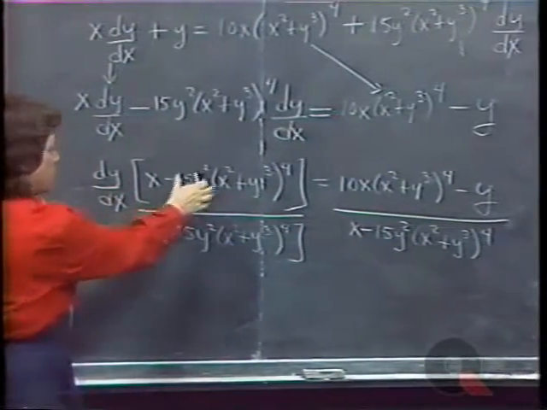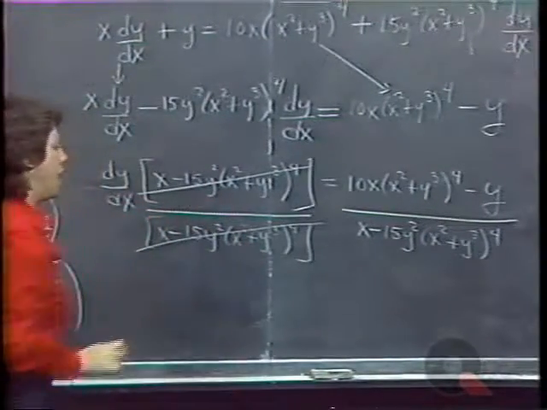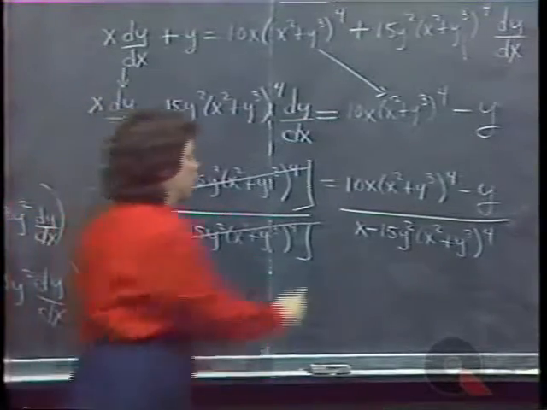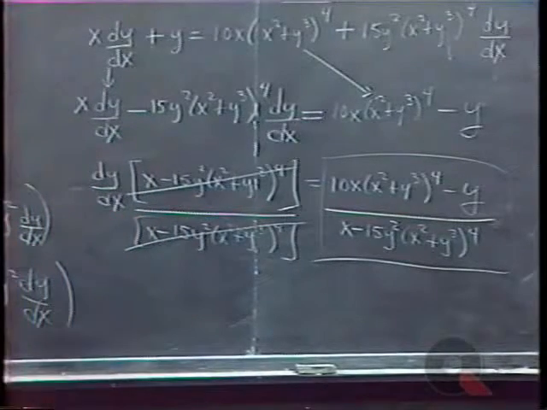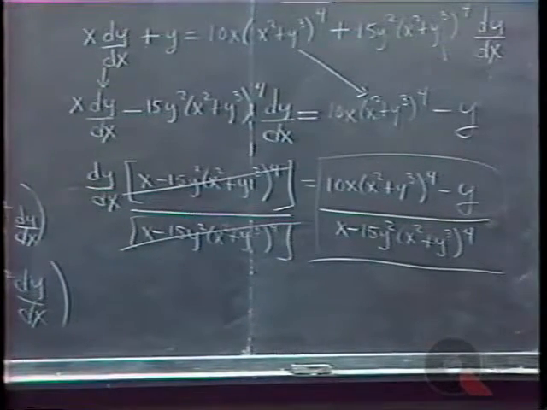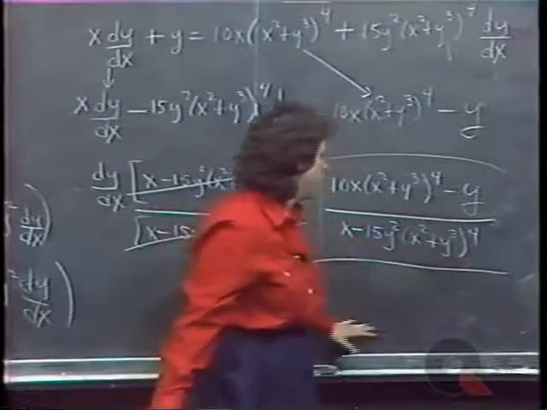Okay, we divided both sides by this. Of course, this cancels, and we have dy/dx alone on the left side equals 10x times (x squared plus y cubed) to the 4th minus y, over x minus 15y squared times (x squared plus y cubed) to the 4th power.